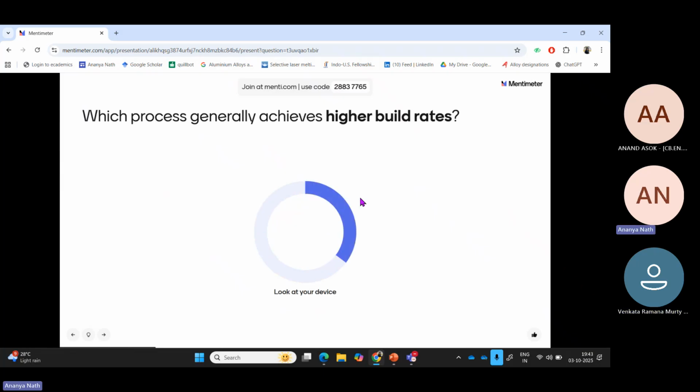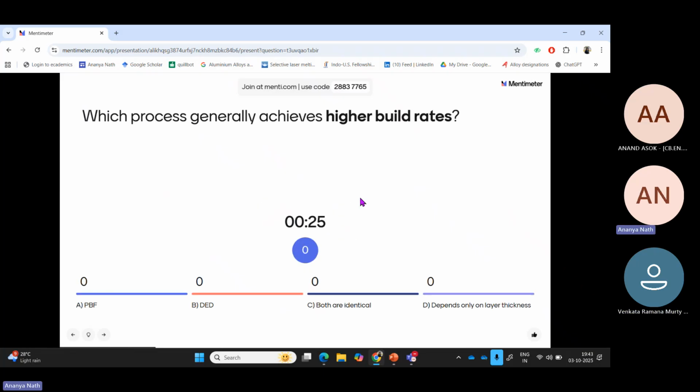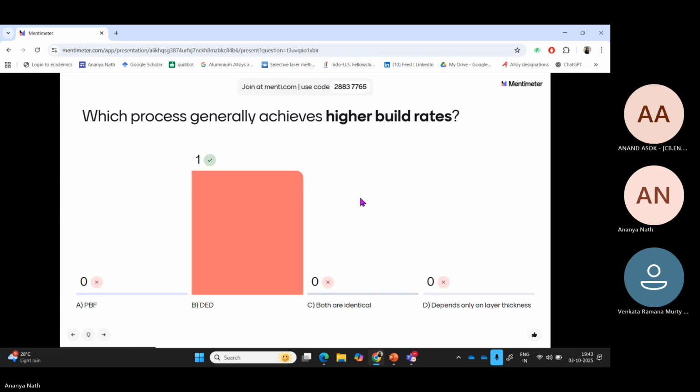Which process generally achieves high build rate? So here is the higher build rate. This should be the DED. Yes.